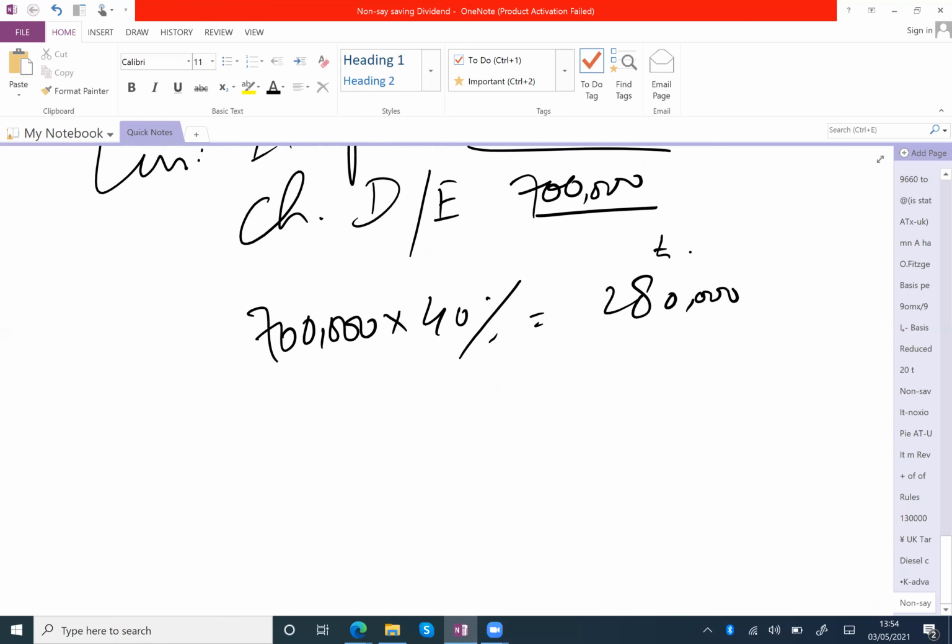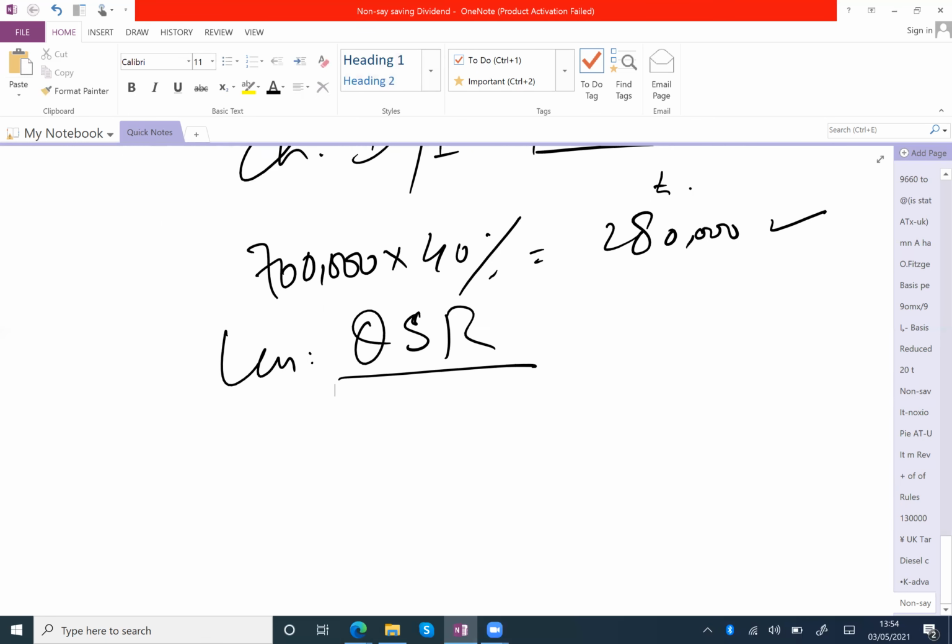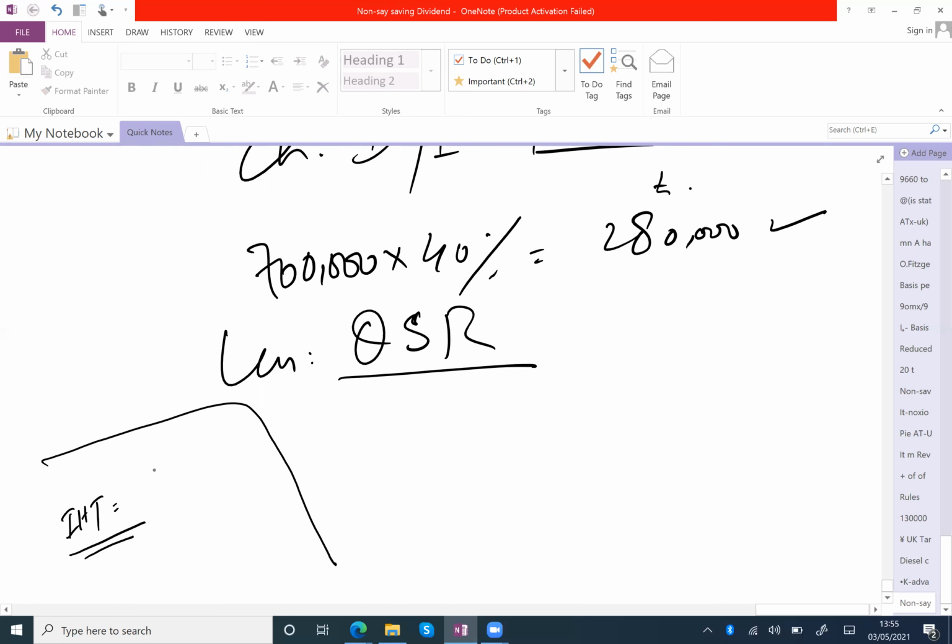Now this tax on the death estate is reduced by the quick succession relief. The QSR formula is equal to IHT paid by donor. In this question, the donor is Mr. A. How much IHT was paid by Mr. A, the donor? You can calculate it through a working. In this question, his death estate is 900,000. On this death estate, he pays 60,000 IHT.